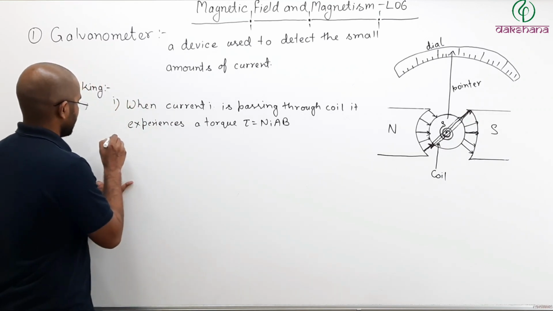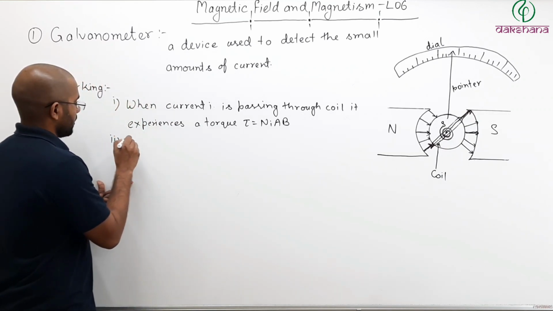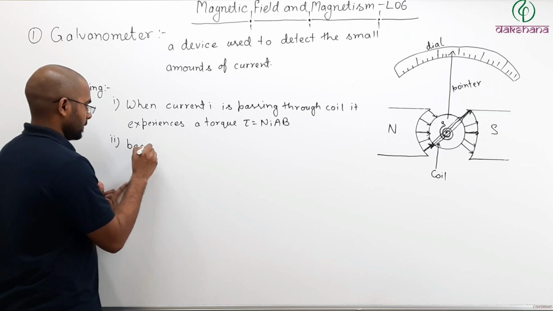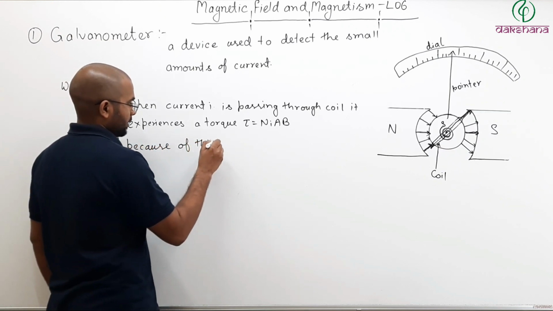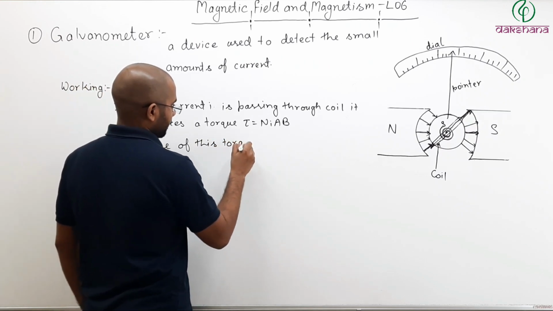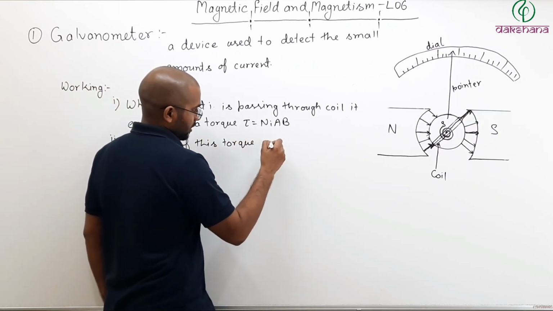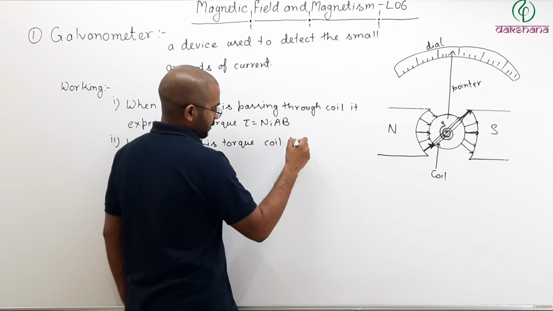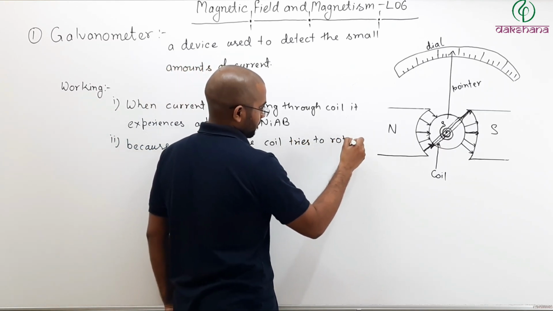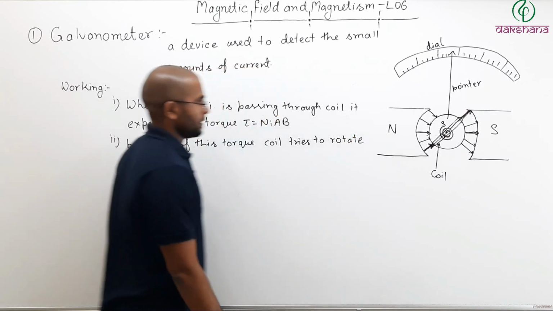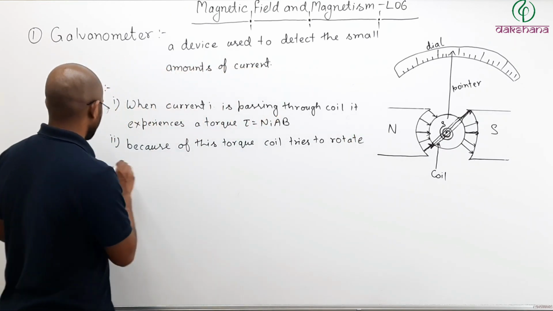So second point, because of this torque, the coil tries to rotate like this. Now what happens?